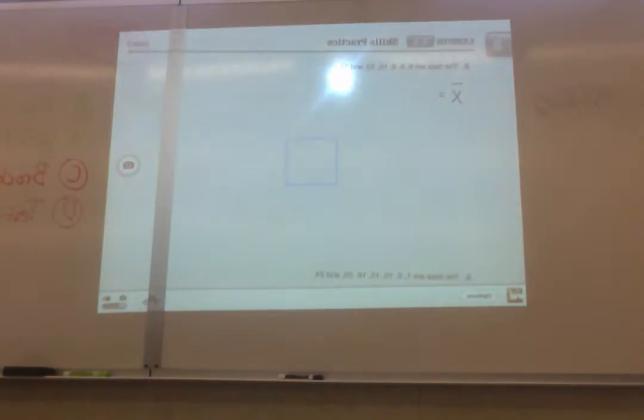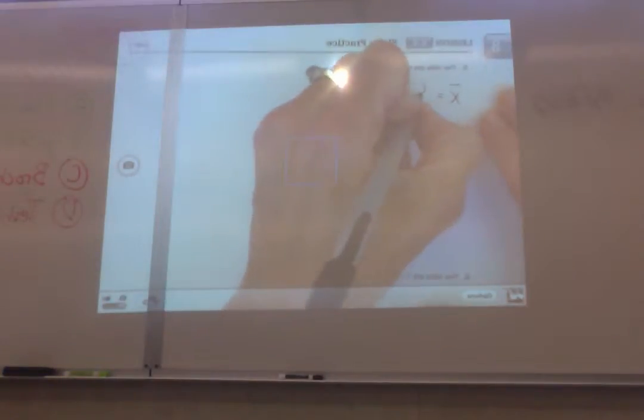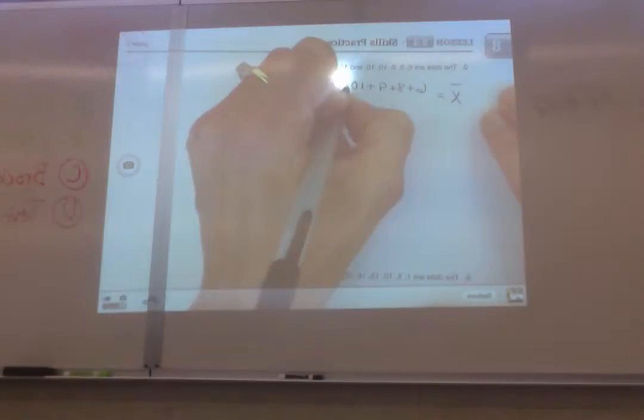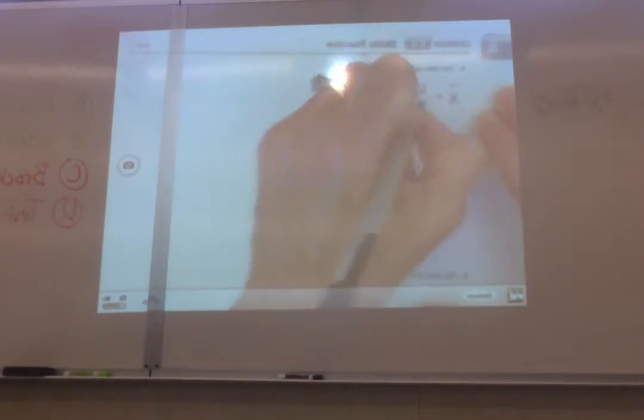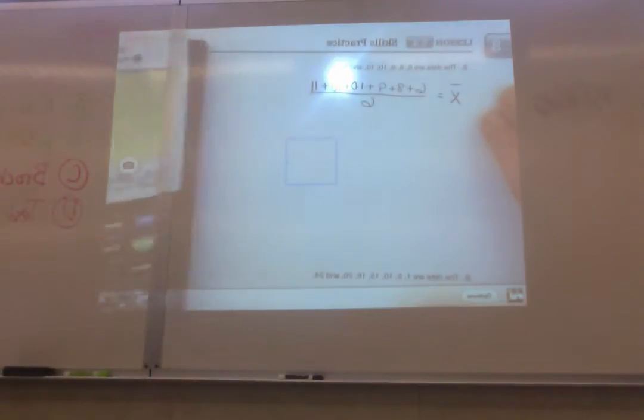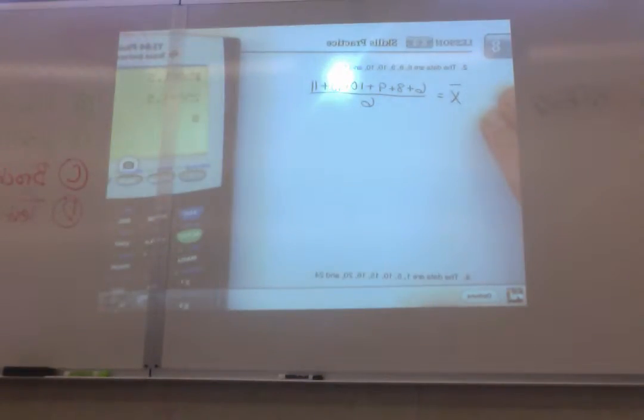So I'm going to use my calculator and say what I'm doing with the calculator if I want to show my work: adding everything up and dividing by 6 because there are 6 numbers. On, clear, 6.